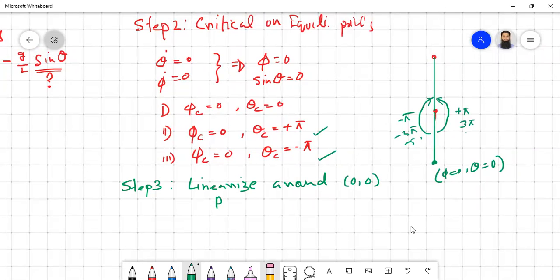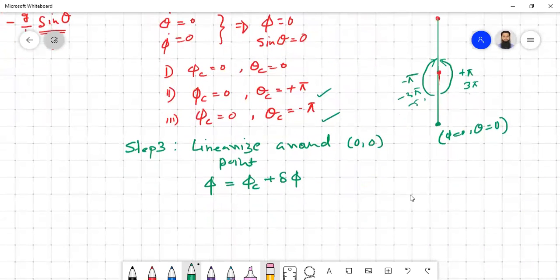Okay, 0, 0 point. So we know that we have to assume phi equal to phi critical plus small perturbation, del phi. Similarly, theta will also have a small perturbation about the critical point, so theta c, and then you have del theta. Basically, these critical conditions are 0, both of them.